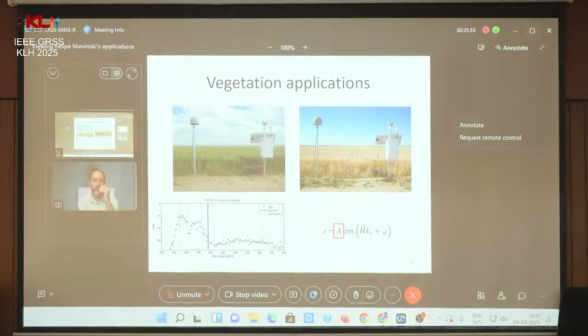So I'll start with the most difficult one, which is vegetation applications. Normally we use the oscillation amplitude, because the vegetation acts more like a random roughness on top of the soil surface. It depends on the water content.